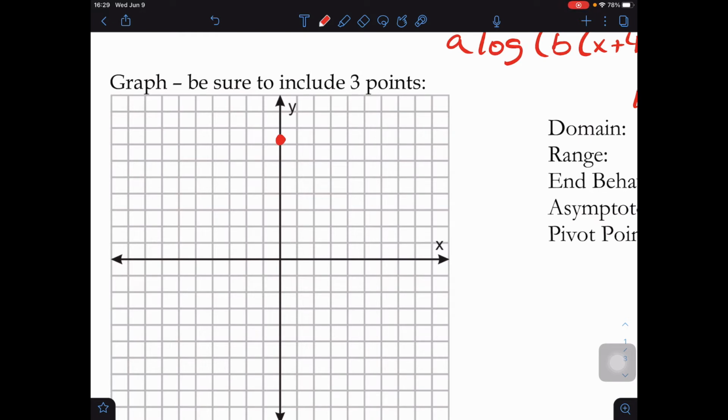And then you can put in a few more values. Like we can also try putting in -2, and -2 gives you exactly a value of 7. And then obviously we have our asymptote right here at -4.